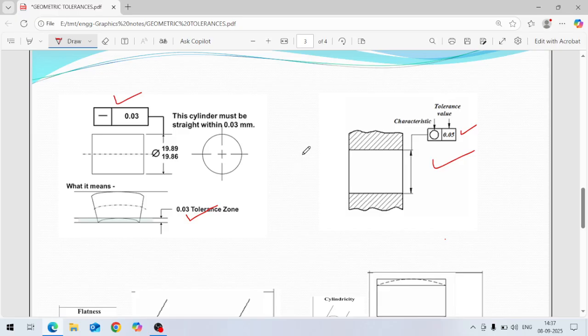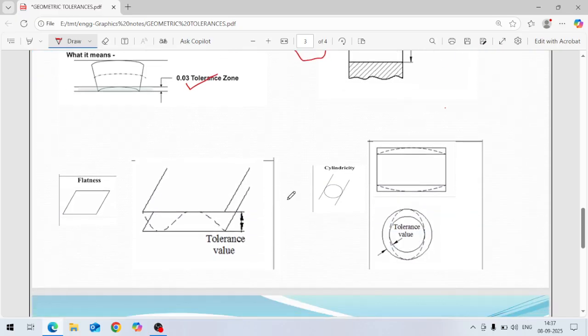It should be perfectly round like this, and if there is some error in the roundness in this diameter, the shape may be like this. That permissible error in the roundness, due to the machining operation, the maximum error that is allowed is 0.05 mm. So this is the roundness tolerance.